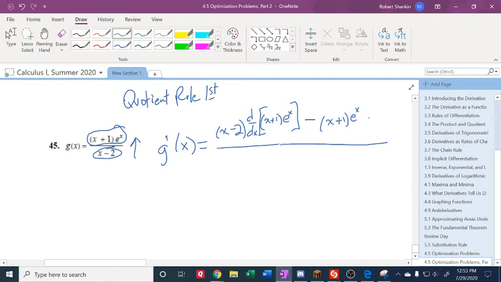Now the derivative of the bottom is just easy. That's a 1. All over the bottom squared.